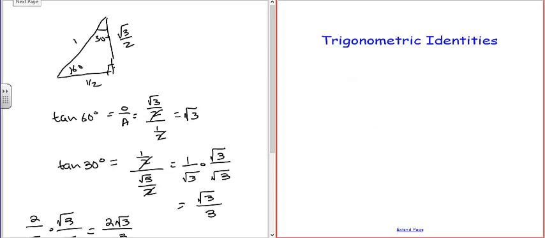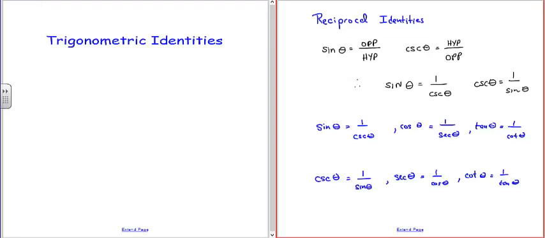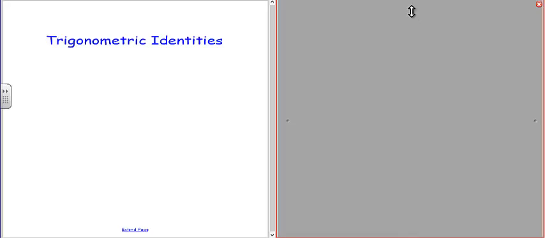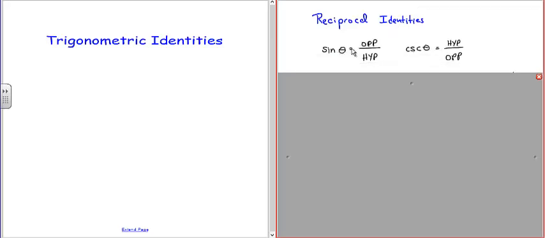So we've just used what are called trigonometric identities. So let me just put a little screen up here. So the first are called reciprocal identities, and we used those just a second ago. And that's because the fact that, say, the sine of theta is opposite over hypotenuse and the cosecant is hypotenuse over opposite, which you can see are reciprocals of each other.